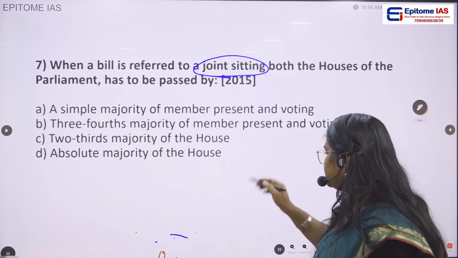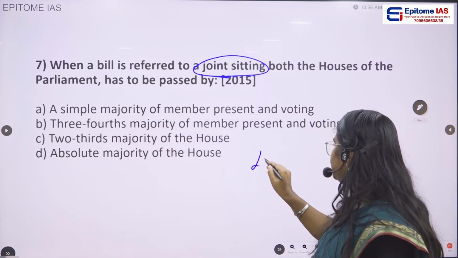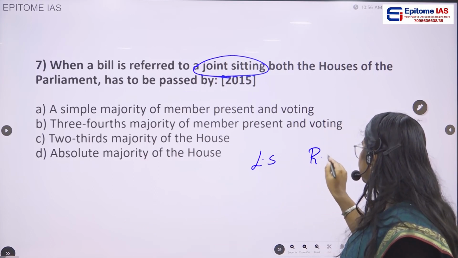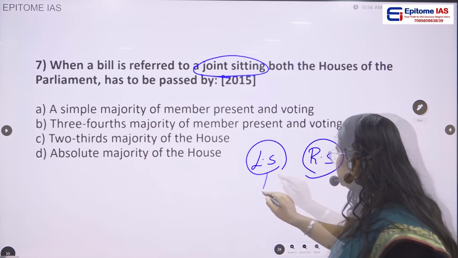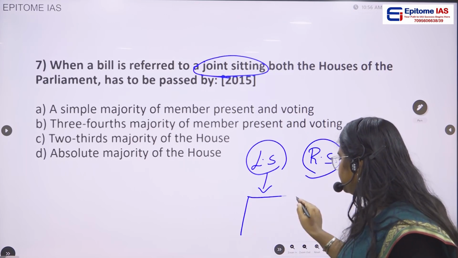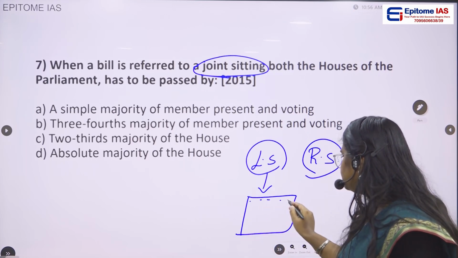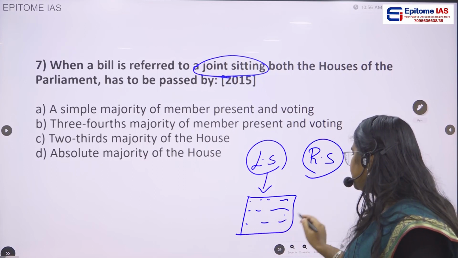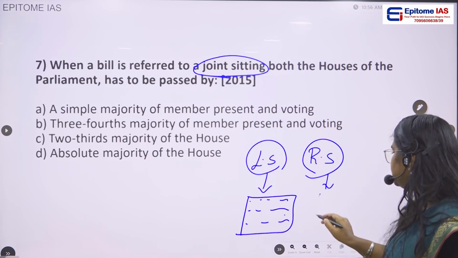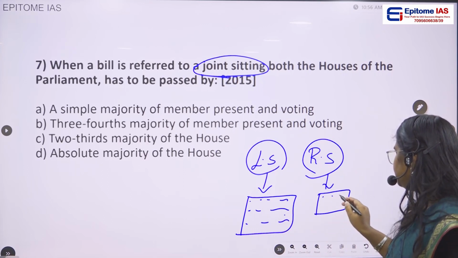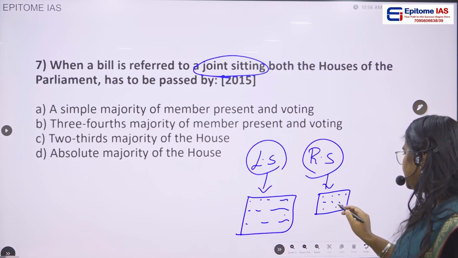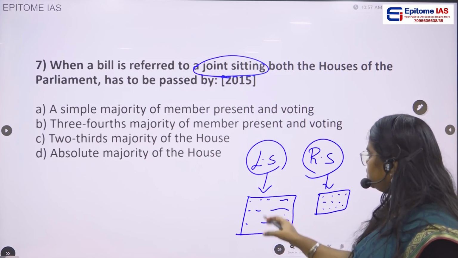Let us say we have Lok Sabha, which is a bigger room with more people in it, and the Rajya Sabha, which is a small room with very few people compared to the Lok Sabha.